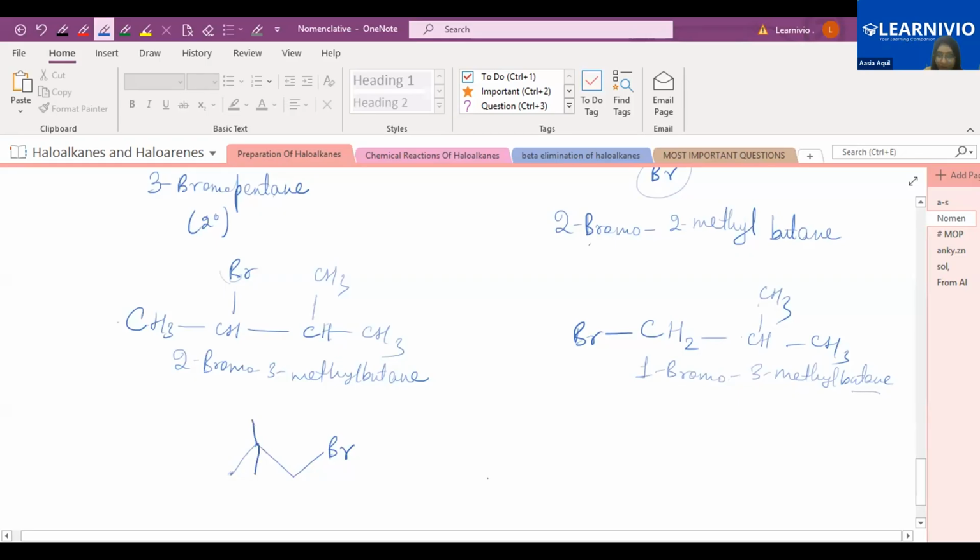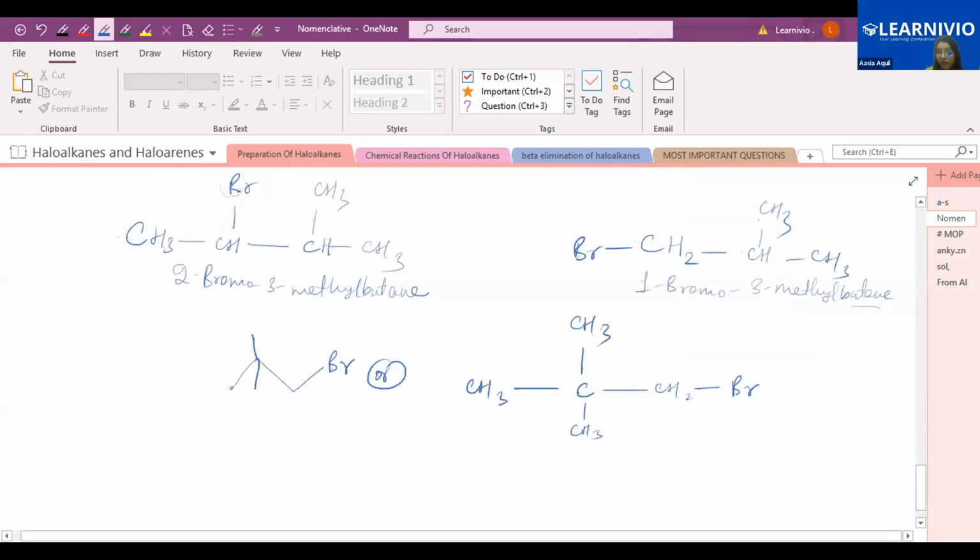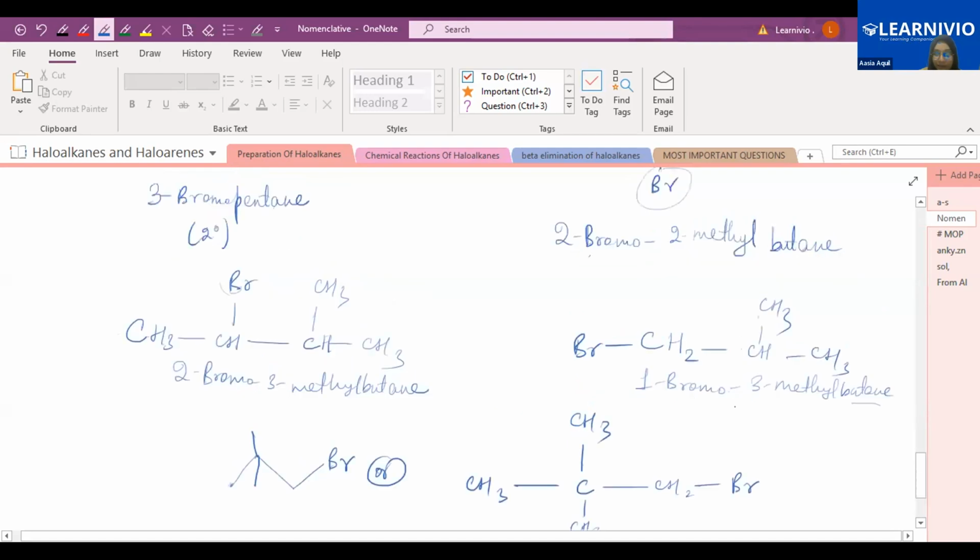You can draw it like this: this is your CH3, C, CH3 here. Again there is a CH3 group, CH2, and here the bromine. So that was the last structure. 5 carbons, 11 hydrogens, and bromine. So all the 8 isomeric structures are there.